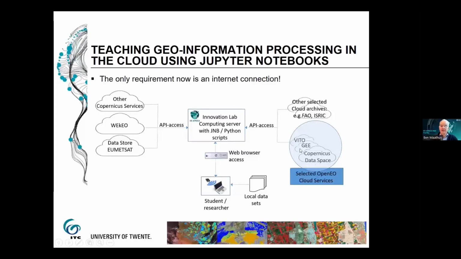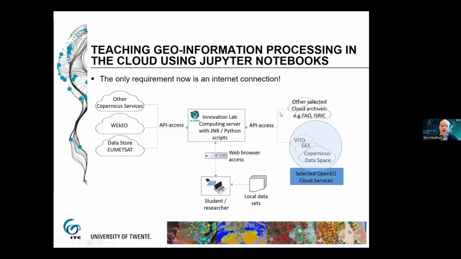Apart from that, we have a lot of other cloud services providing big EO data and analysis-ready data, like those from the FAO or, let's say, the soil database at ISRIC.